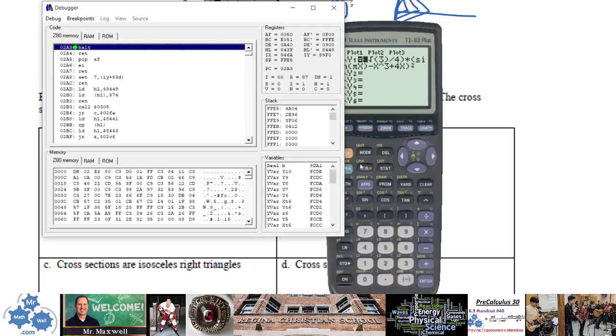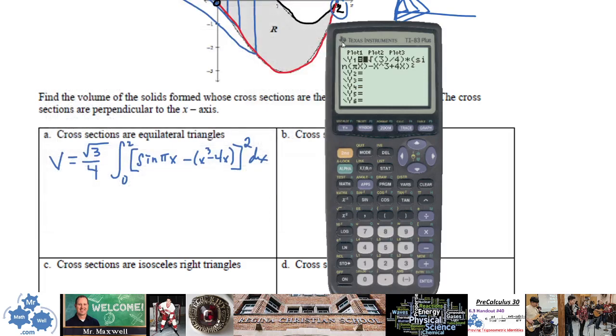As you can see, I've got this typed into the calculator. You've got to be careful with your brackets, but we're going to graph, not the integral part, but the root 3 over 4 times sine of pi x minus x cubed plus 4x, all squared. I just simplified this. Get the right number of brackets and everything. I know it's a bit complicated.